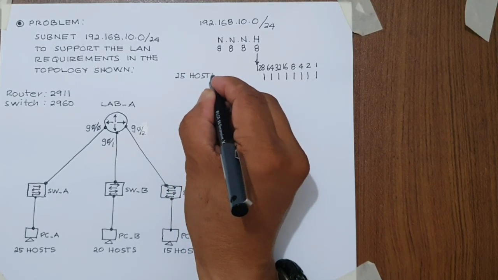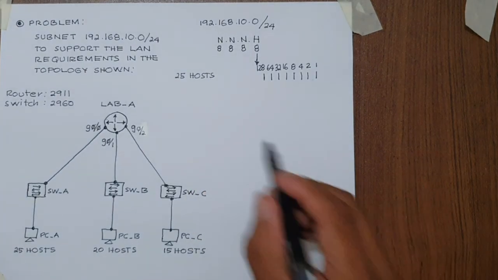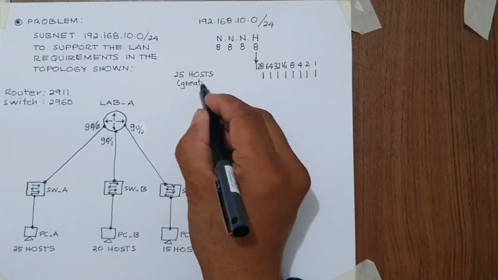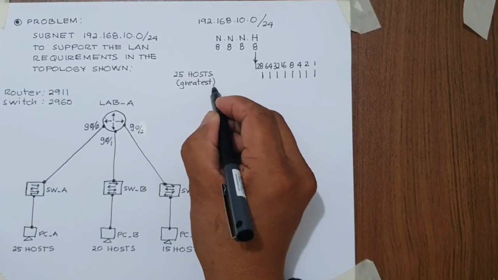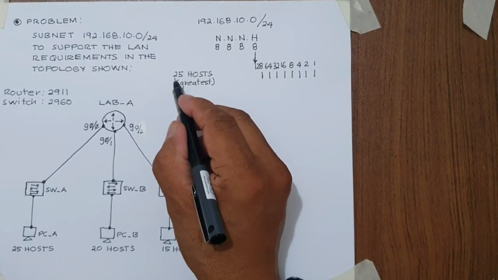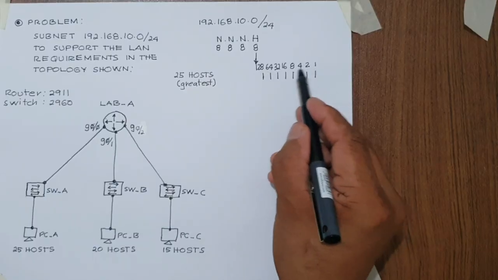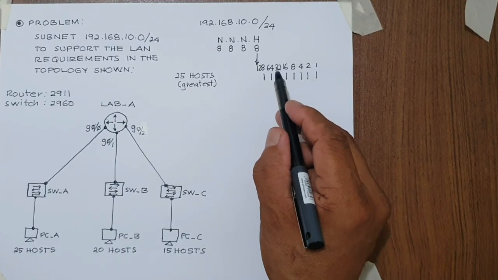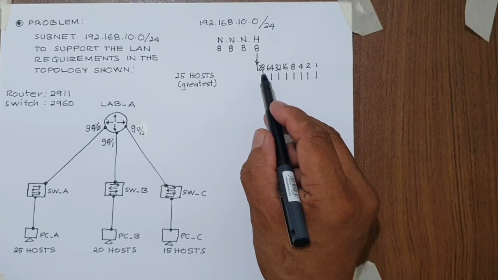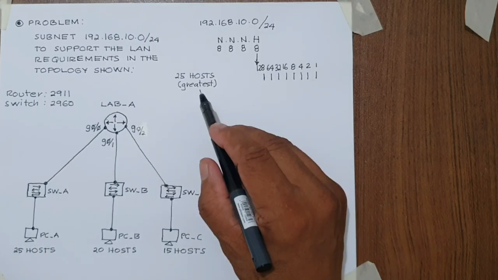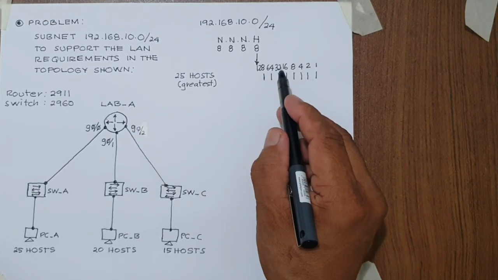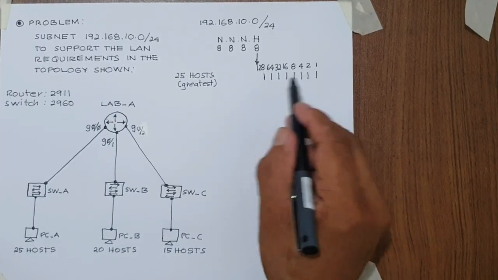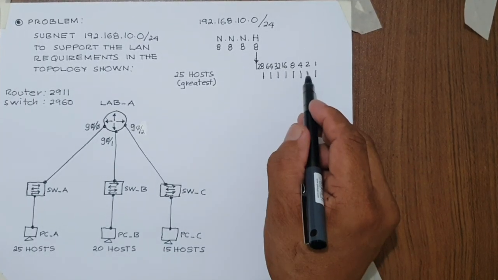Therefore, we will compare this one to the numbers here. And there must be 3 requirements that will be met so that we will be able to identify how many bits we are going to borrow here.